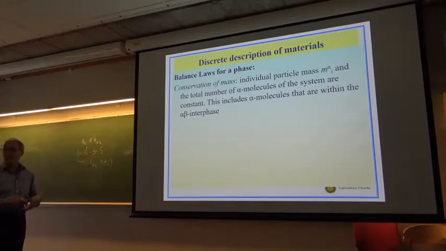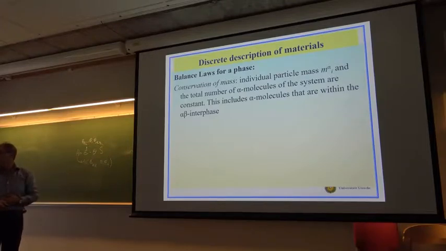Which means that if you now write the balance of mass, you have to derive it for a decaying material, because this alpha phase will lose particles into the alpha beta domain, and the other way around, can gain particles from the alpha beta domain. So it's a decaying alpha phase. But the total number, of course, remains constant.